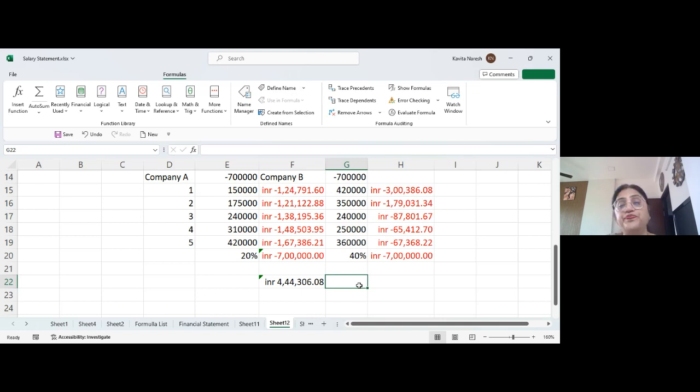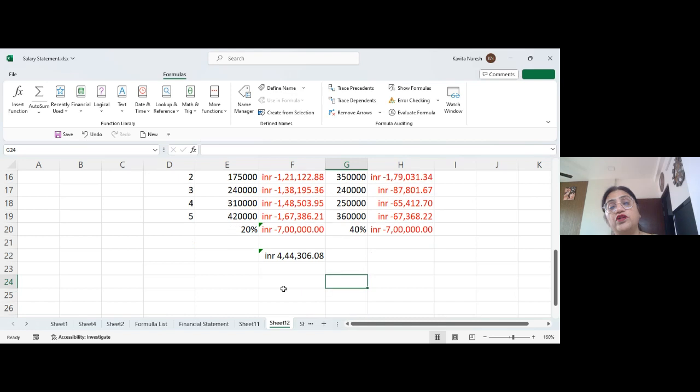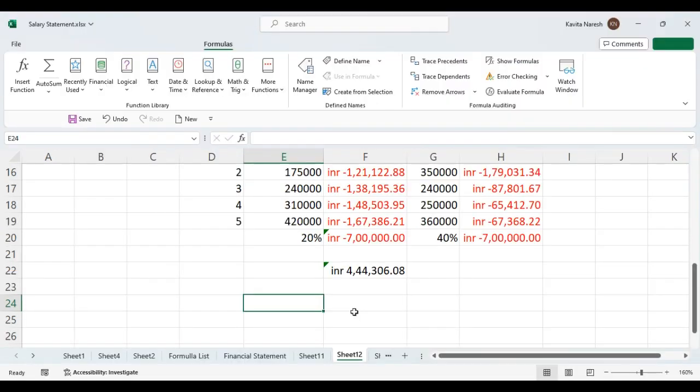So suppose you are having these parameters. Right? This is one: your savings. Every month you are having savings of 15,000 rupees.